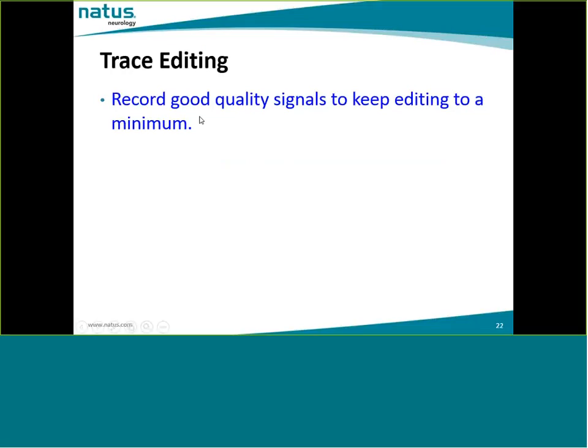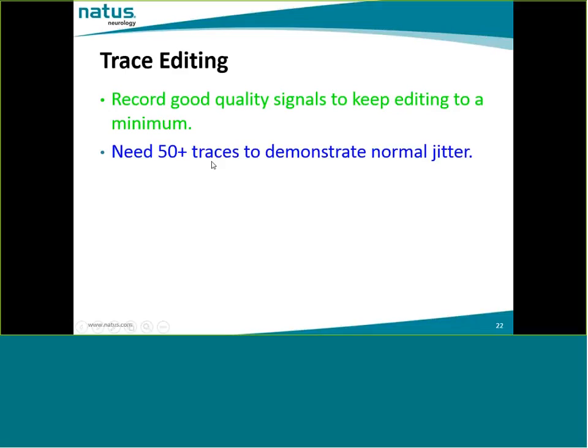So always record good quality data. The trace editing tools are merely to help you clean up the data and remove a few mistakes. Keep in mind that you need at least 50 traces to demonstrate normal jitter. So you should record 100 or more sweeps. And as I indicated, avoid excessive editing.